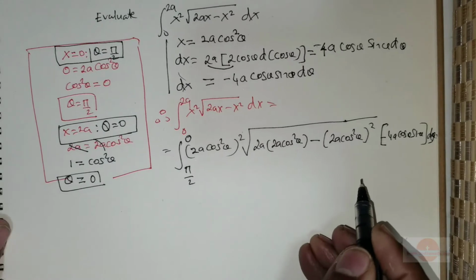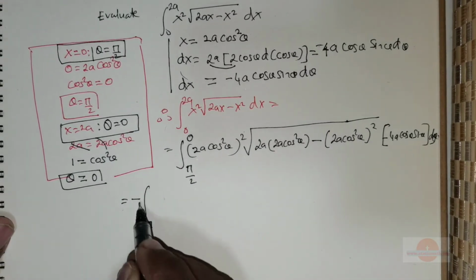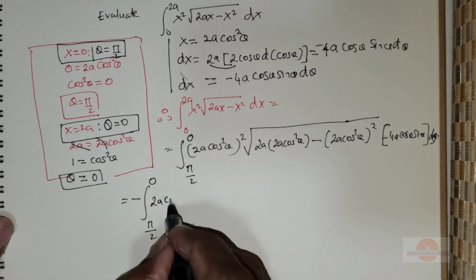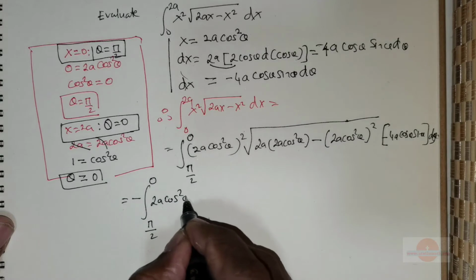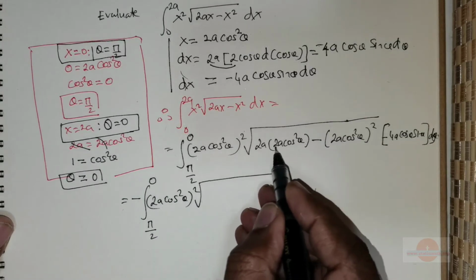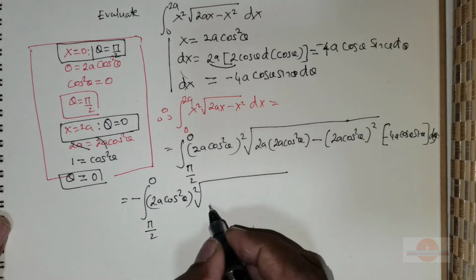Now rewriting this, I can take the negative sign out and write it as the integral from pi over 2 to 0 of 2a cos squared theta raised to the power 2, times the root of 2a times 2a.